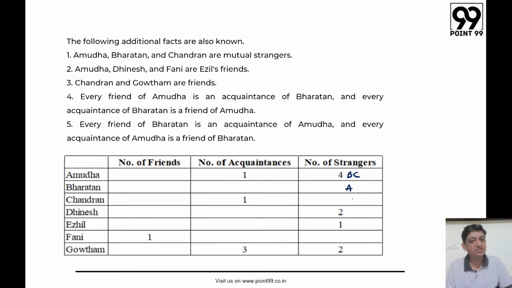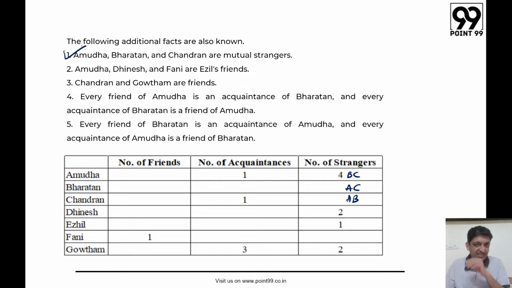So Bharatan के लिए भी Amuda एक stranger है. Fine. Also, we know that Bharatan and Chandran are mutual strangers. So this will also be Chandran. And here if we see, Chandran will be a mutual stranger to Amuda and Bharatan, and in Chandran's strangers category both A and B will be present. Okay. So this is basically the resolution of the first statement.